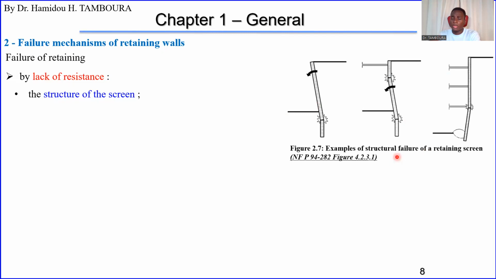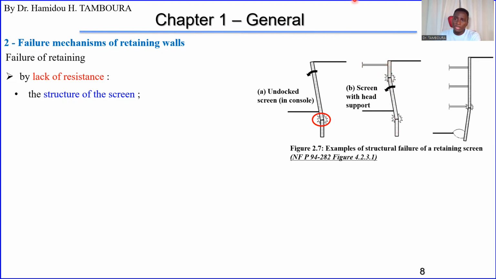Here we have this figure showing examples. First case, we have a free self-standing wall. In this case, we may have rupture of the structure itself. So the wall may break around here. In case B, we decide to bring support at the upper part of the wall.